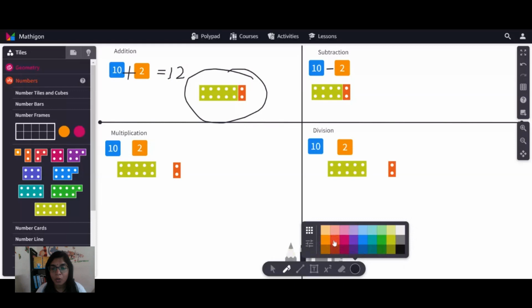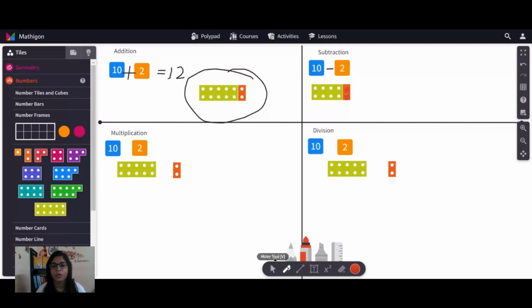That means the dots are no more there. They're removed, they're taken away. Now, how many dots are there? 1, 2, 3, 4, 5, 6, 7, 8. So the number of dots now is just 8. Right? Just 8. This is subtraction.